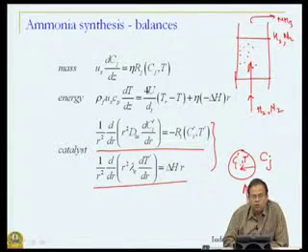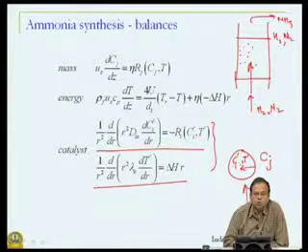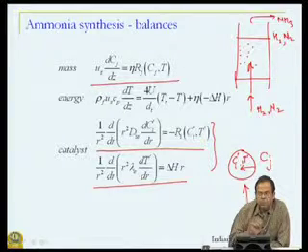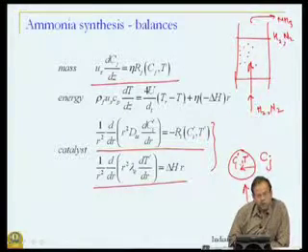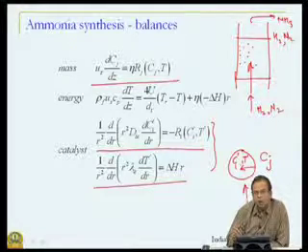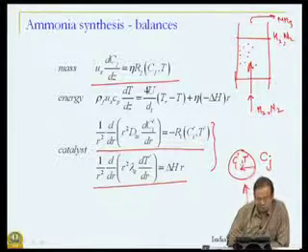And the way we do this, for the sake of simplicity, is we will use the concept of effectiveness factor. So, if you look at this mass balance equation, I am going to assume a plug flow reactor, or a plug flow in the fixed bed reactor.